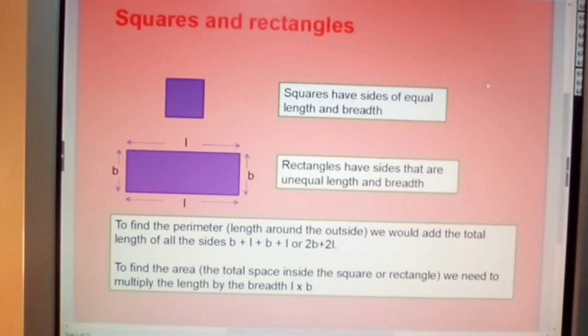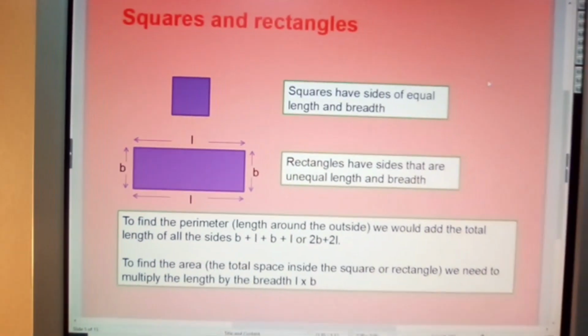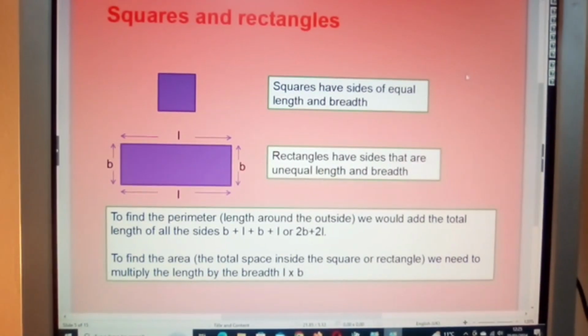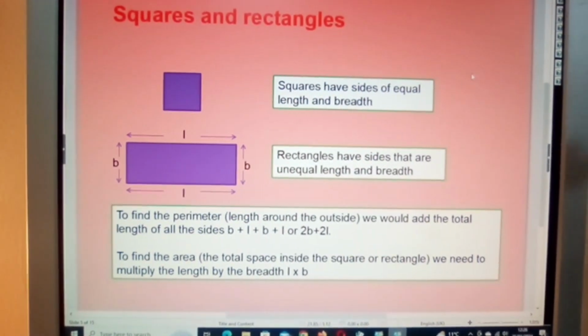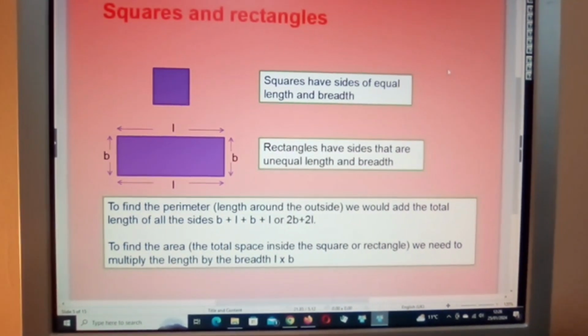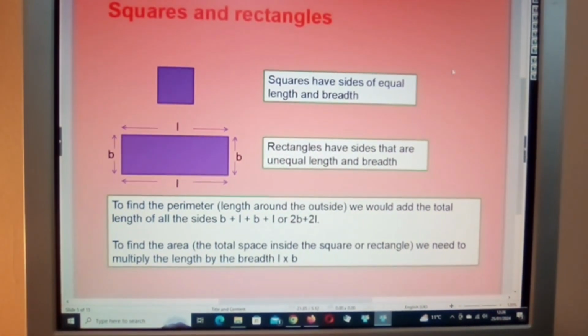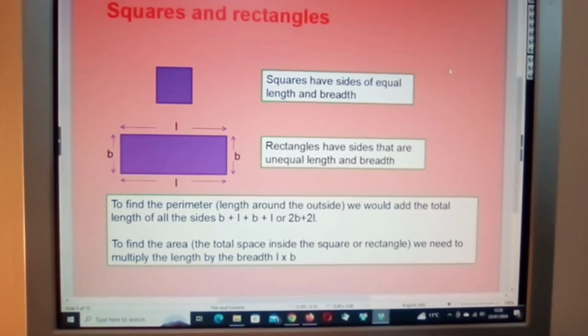Now squares and rectangles. Now I'm just going to take you down for a moment and show you what I'm looking at this point in time. I'm just going to take the camera down. And that's what I am looking at this moment in time. Well, I can't see it at the moment because I'm not viewing it from your perspective.